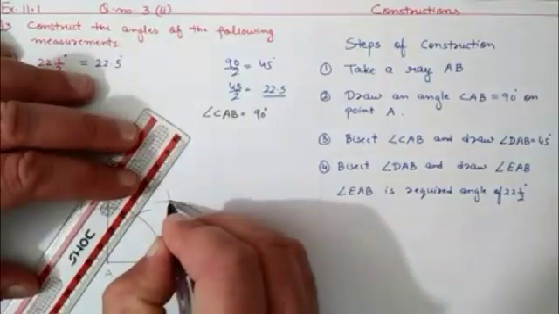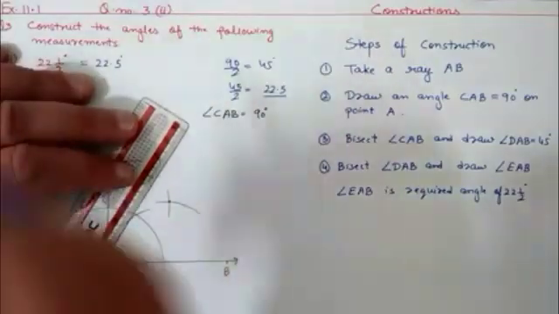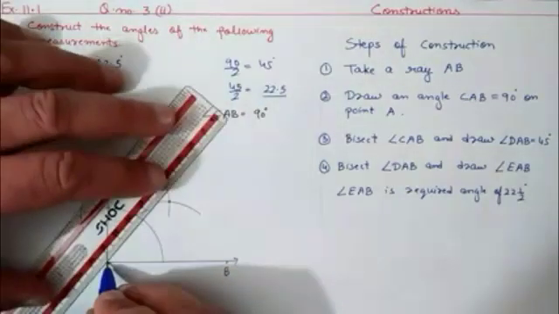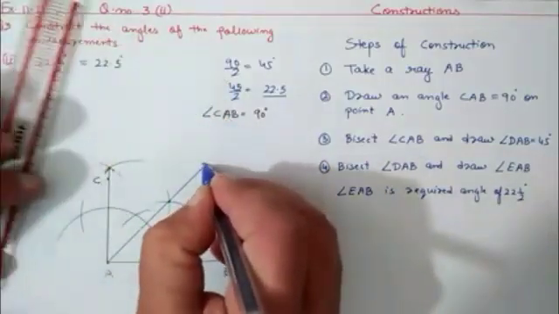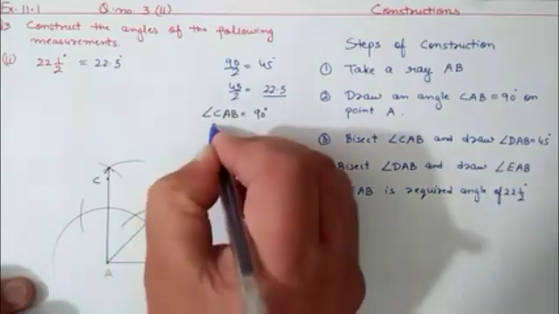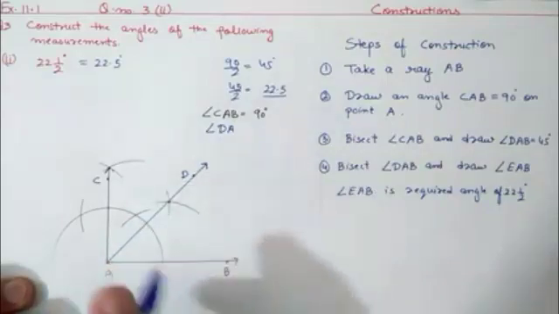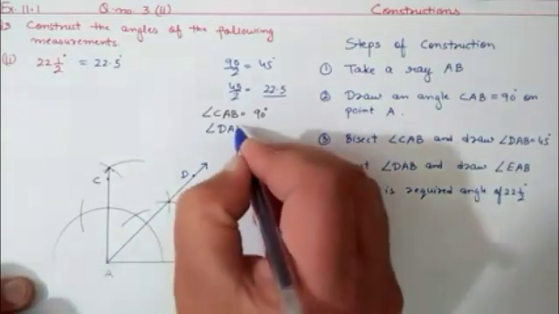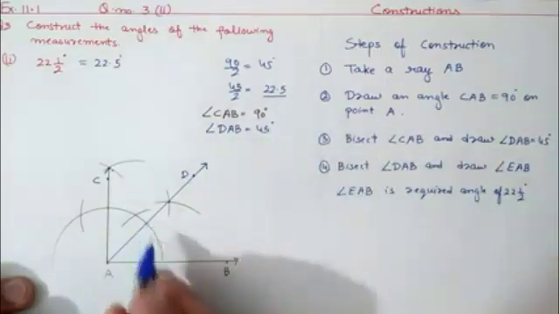We will make one point, and then we will construct a line of 45 degree, which is passing through the point. So this is our 45 degree ray. The name is D, so angle DAB is our 45 degree.